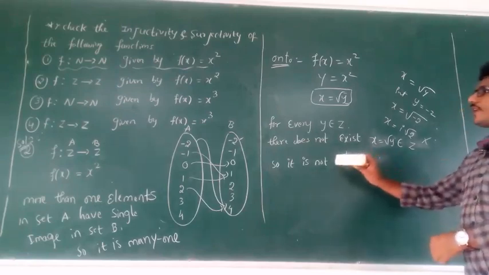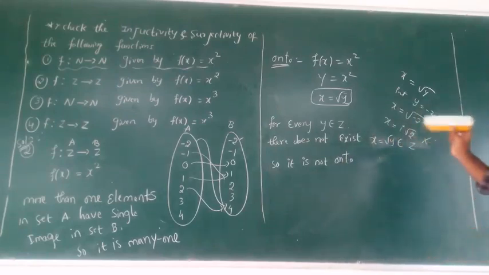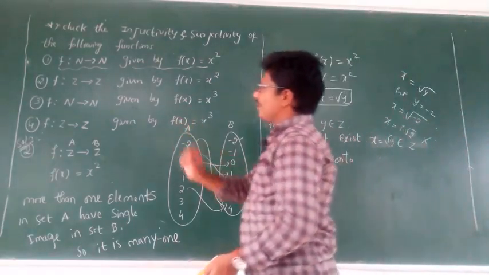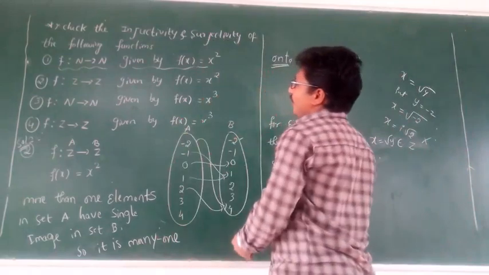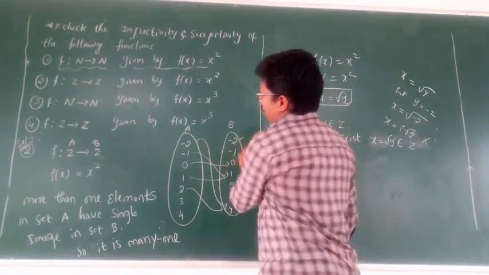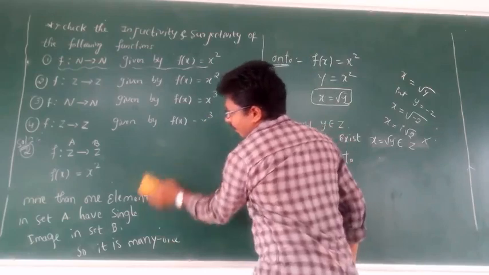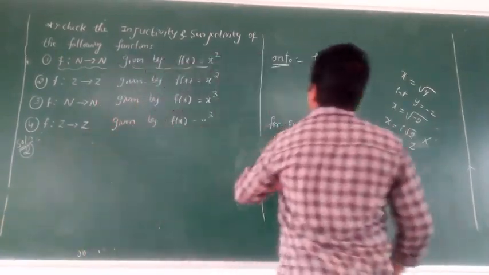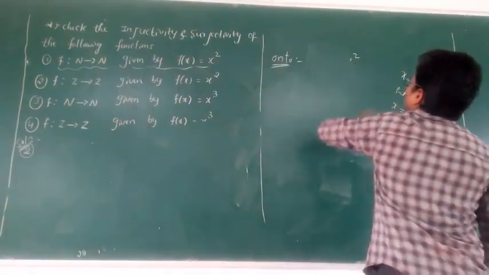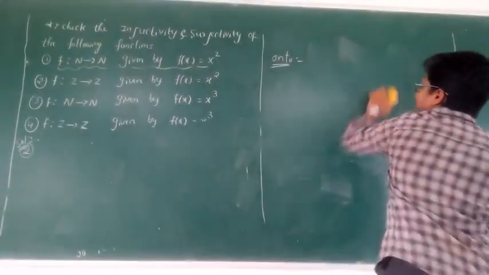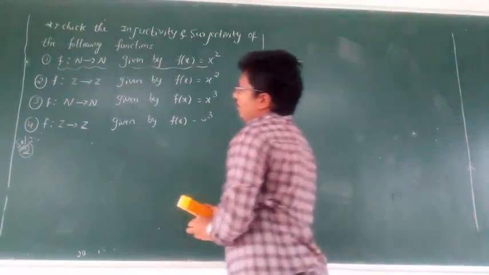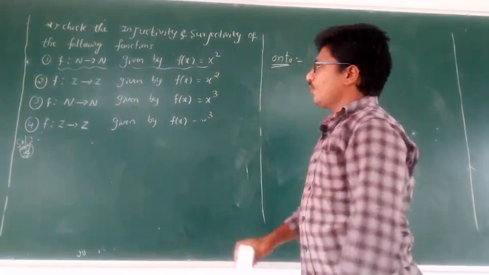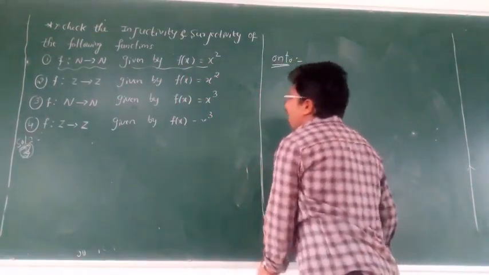Okay, now directly we will write. If you know that it is not onto, directly we have nothing to worry about that one. Okay, next problem, the third one: f from N to N given by f of x is equal to x cube.